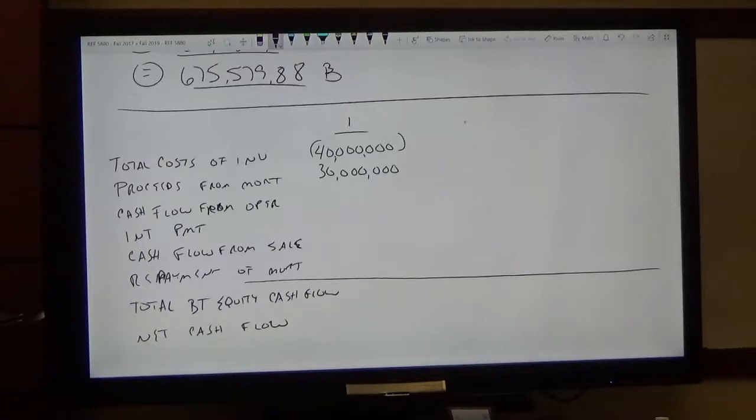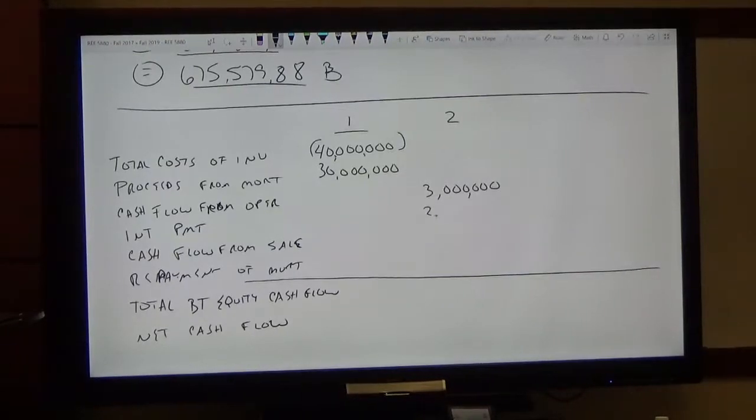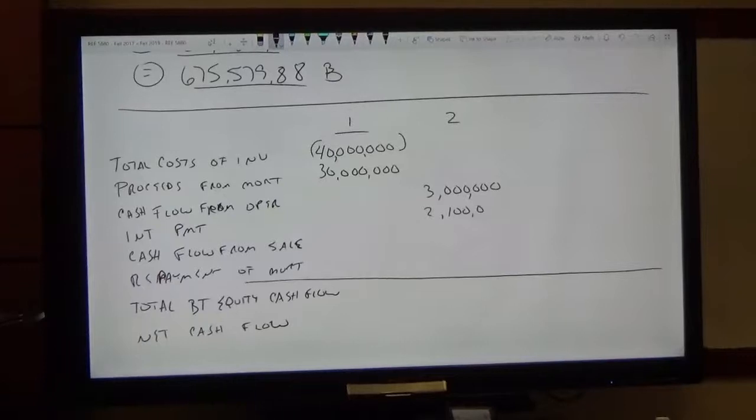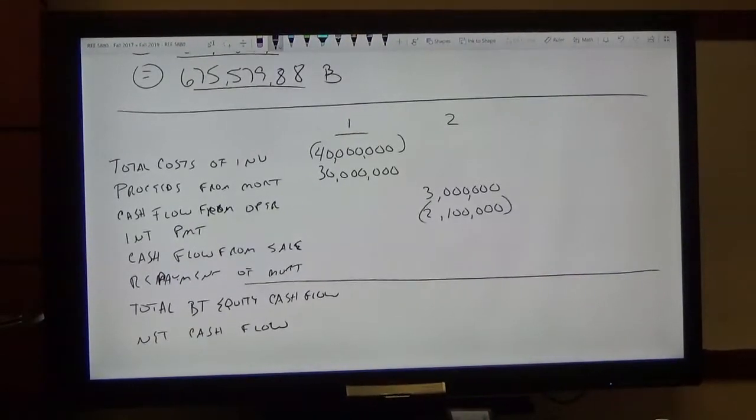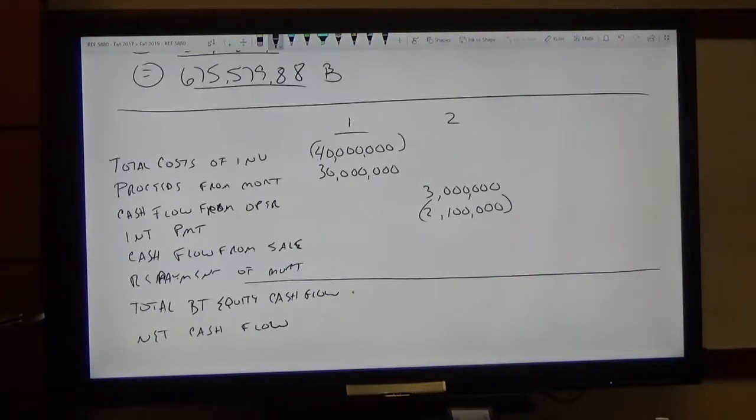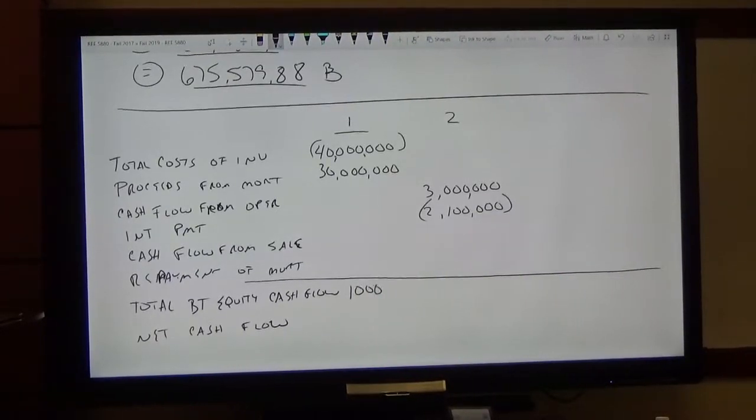Okay, in year two, drop down, we've got 3 million, and 2.1 million. All right, and so that gives us 10 million negative here. And that gives us 900,000 there.